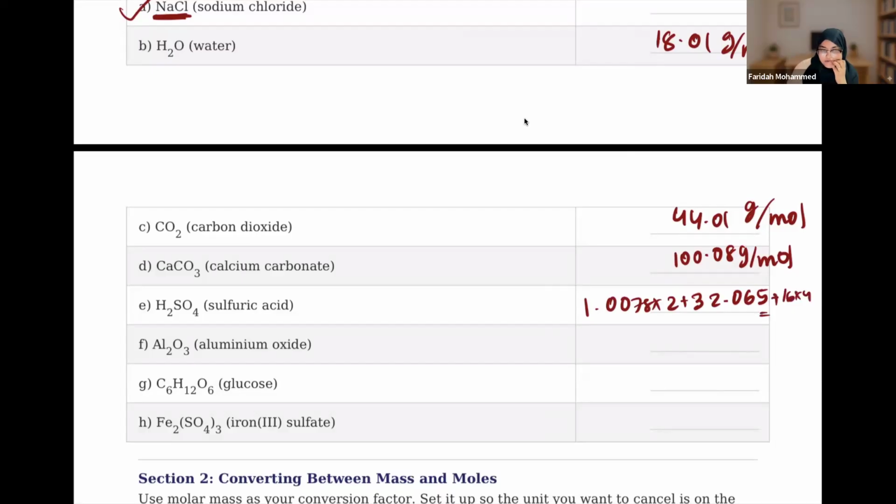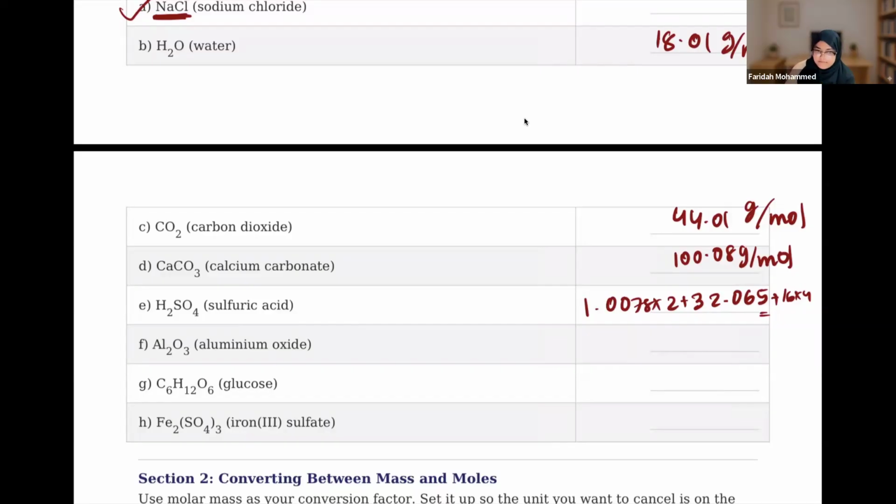Okay, do this on your calculator right now. Put this in your calculator right now. That's okay. We do need to make mistakes to learn. That's okay.